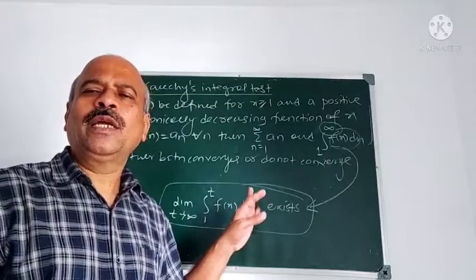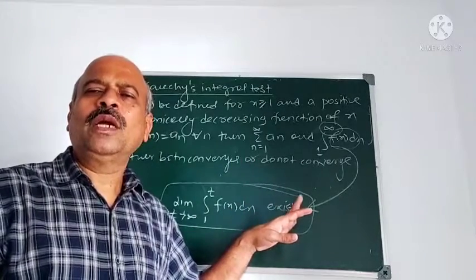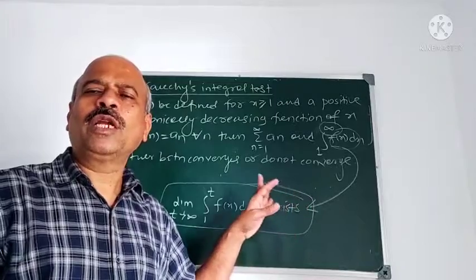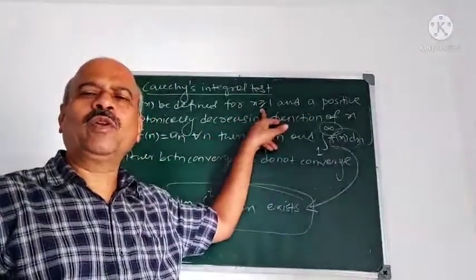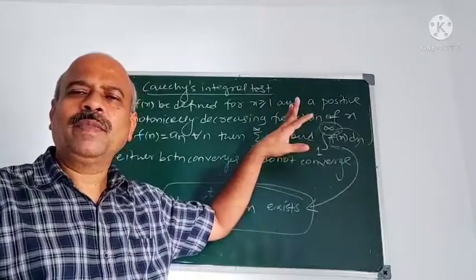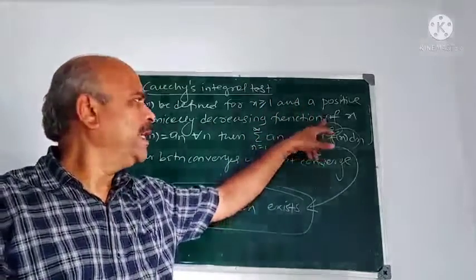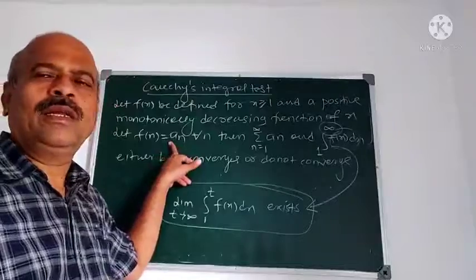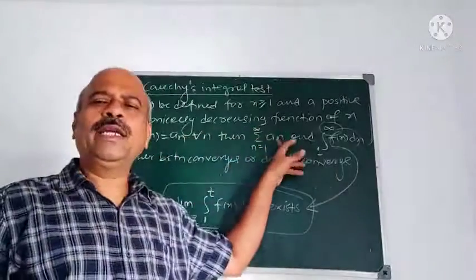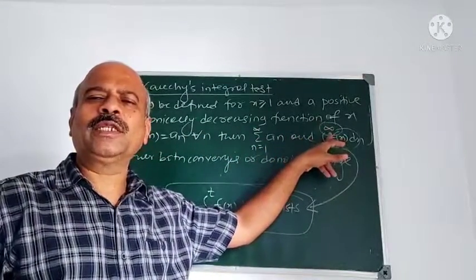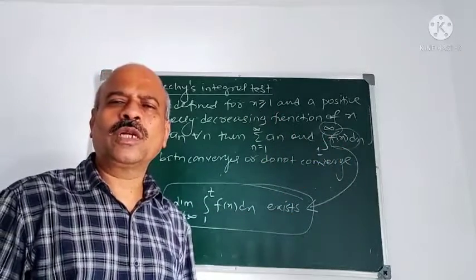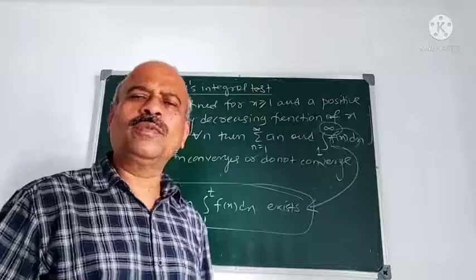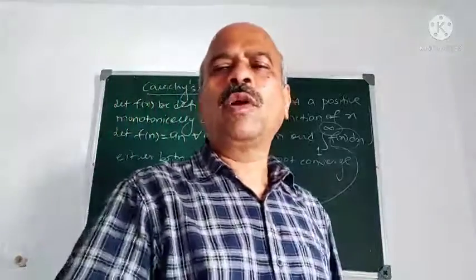Condition important here, f(x) is positive and monotonically decreasing for all x greater than or equal to 1, and a_n is equal to f of n for all n, then sigma a_n and the integral 1 to infinity f(x) dx behave alike, either both converge or both do not converge. I consider the proof of this in next period and also problems on this.